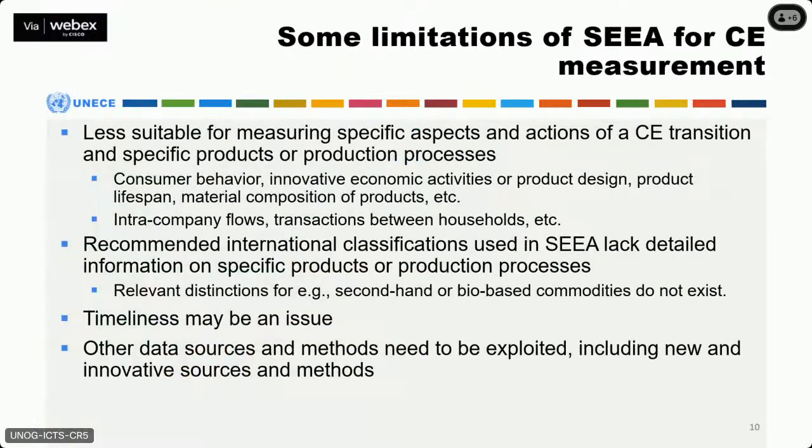Of course, I couldn't do a presentation on linking SEEA without speaking about the limitations, which I think have also been covered a bit in this session. SEEA, while it's really good, is not suitable for everything.